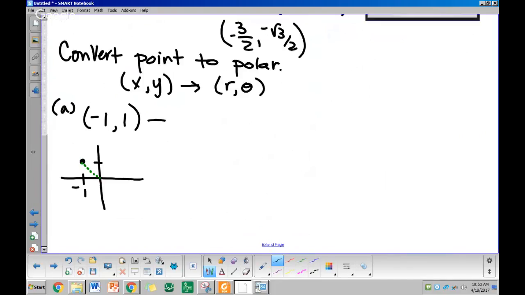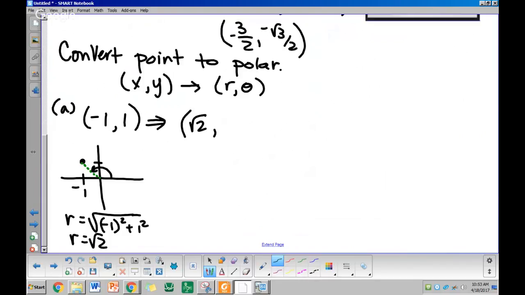What is that distance? The square root of x squared plus y squared. R equals the square root of -1 squared plus 1 squared. So R equals √2. Do you see that? So this would be √2. And so I need this angle here. What's alpha?